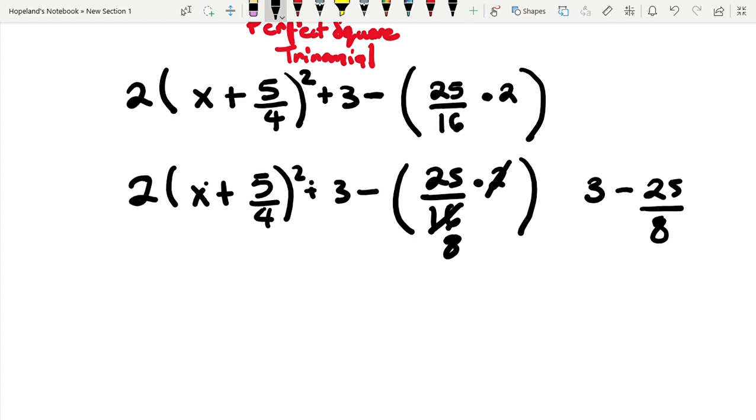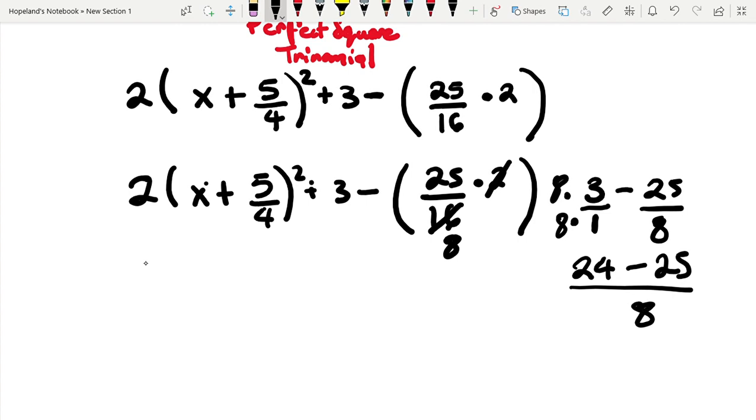I'll show you how I do that. I'll picture the 3 as 3 over 1, so you multiply 8 to the bottom and 8 to the top. You will be left with 24 over 8 minus 25 over 8, which is equal to negative 1 over 8.